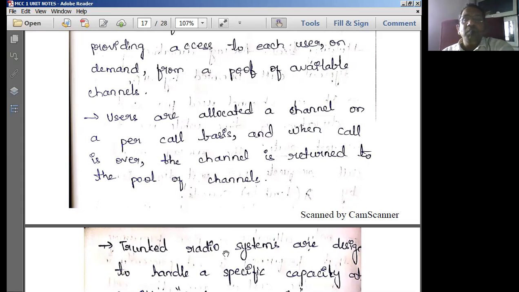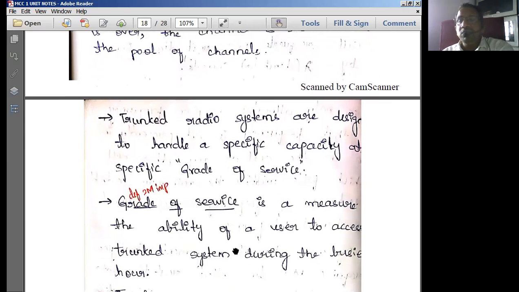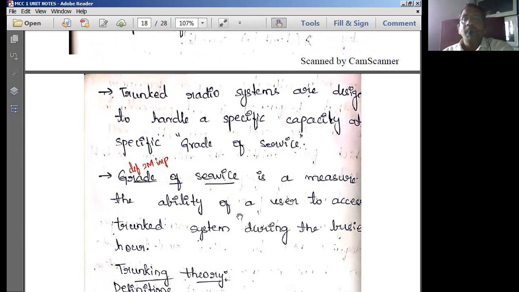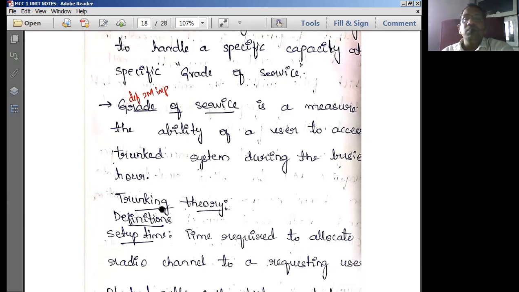Then when the call is completed, the channel is returned to the pool of channels. So no channel is pre-assigned to any user. Therefore, trunked systems are designed to handle a specific capacity at a specific grade of service, not an unlimited capacity.